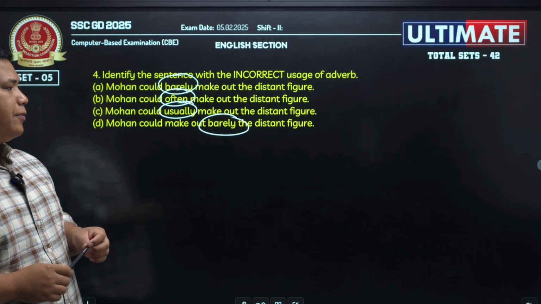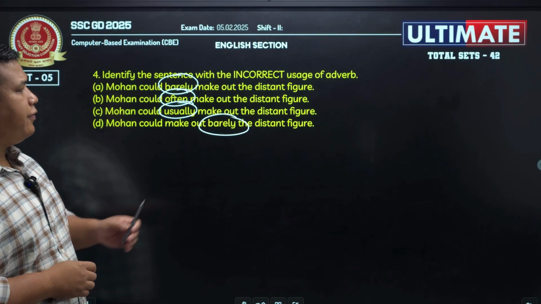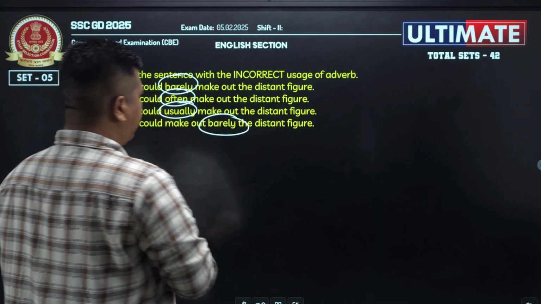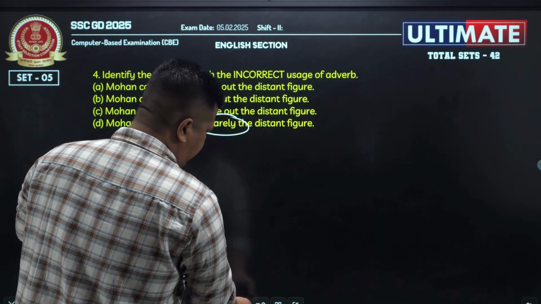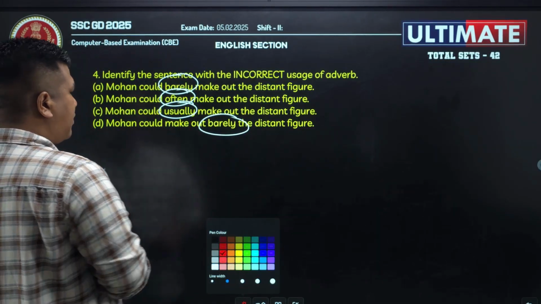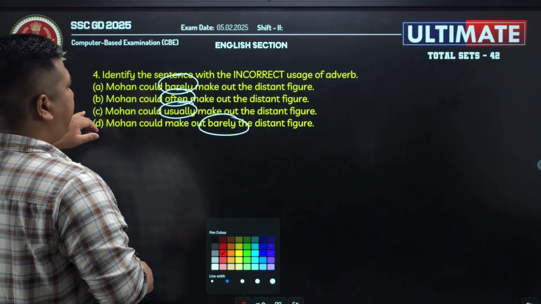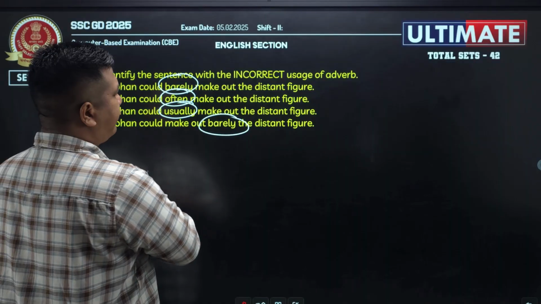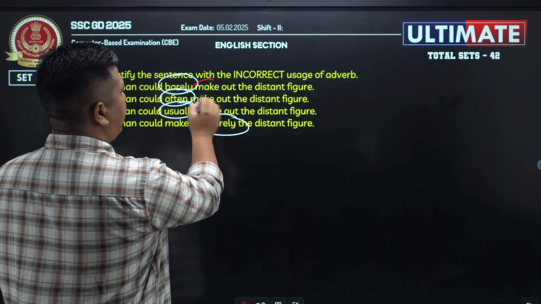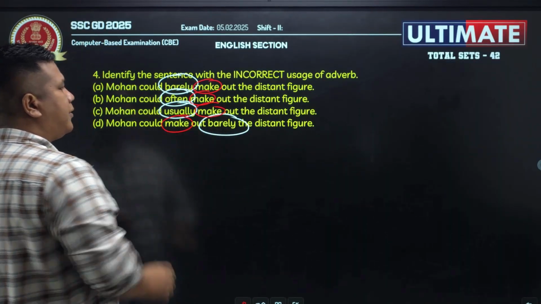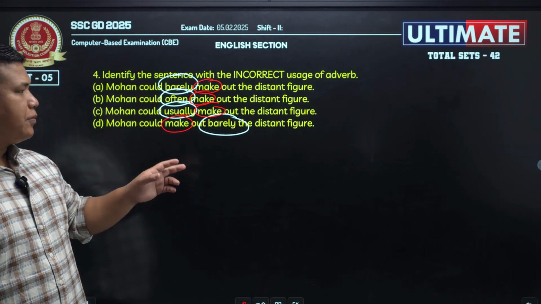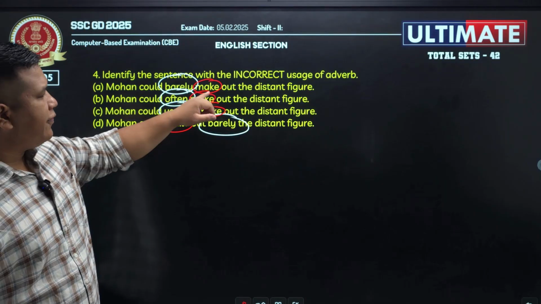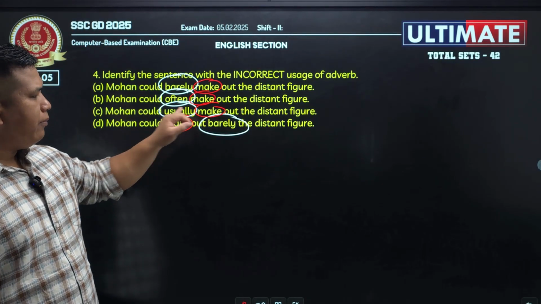So which one is wrong? How could he make out the distant figure? Barely, often, usually, barely. These are adverbs of frequency. If you notice the placement, adverbs usually modify the verb. So find out the verb. The verb here is make. Out of the 4 options, in the first 3 the adverb comes before the verb: barely make, often make, usually make.